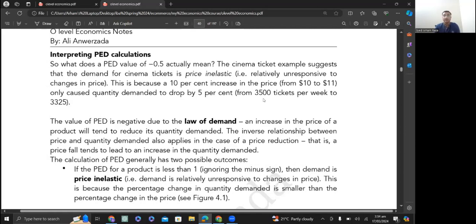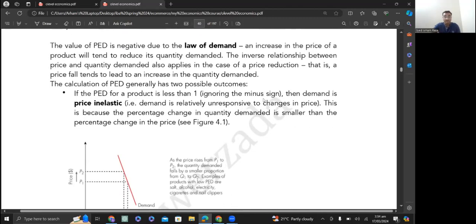So whenever your PED is less than 1, this means that the product is price inelastic. On the other hand, if the PED of your product is greater than 1, this shows that the product is price elastic.